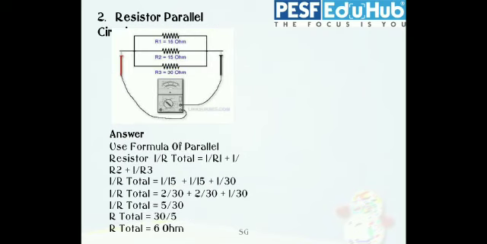Next, a parallel circuit with 15, 15 and 30. So 1 by R total is equal to 1 by R1 plus 1 by R2 plus 1 by R3, that means 1 by 15 plus 1 by 15 plus 1 by 30. So we can calculate, and we get the effective resistance as 30 divided by 5, which is equal to 6 ohm. Okay, normal mathematical calculation.